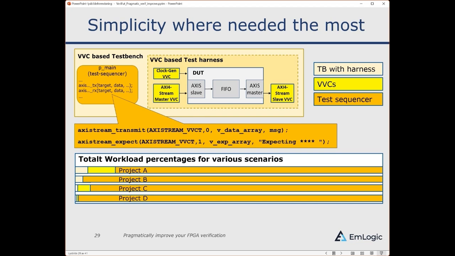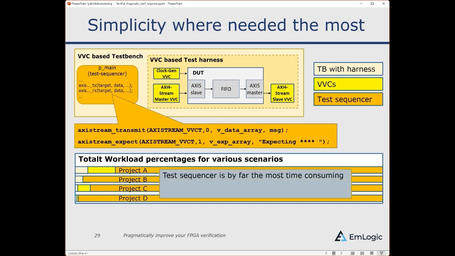So that means this is what we need to make the most efficient. Test sequence is by far the most time consuming, the most important to simplify, and especially for medium to complex device under test.